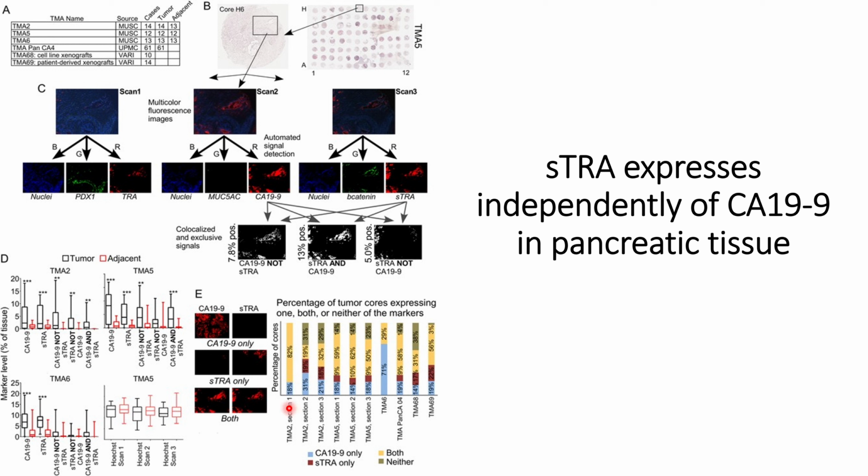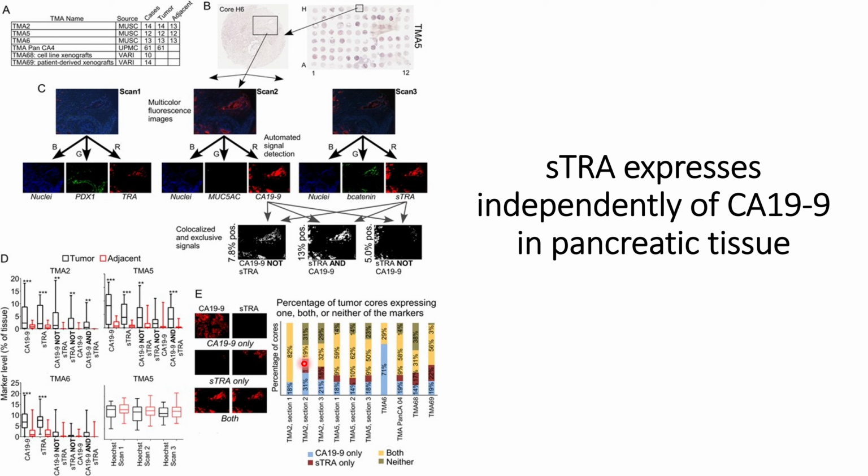The reason they give is that their method was not optimized during image acquisition of TMA2 section 1, whereas in the other cases we can see that sTRA is present along with CA19-9, and both results were also shown.